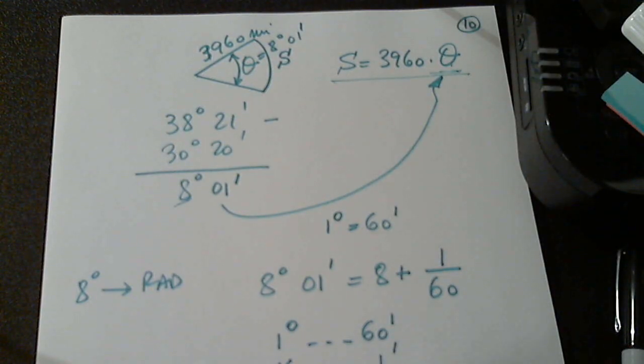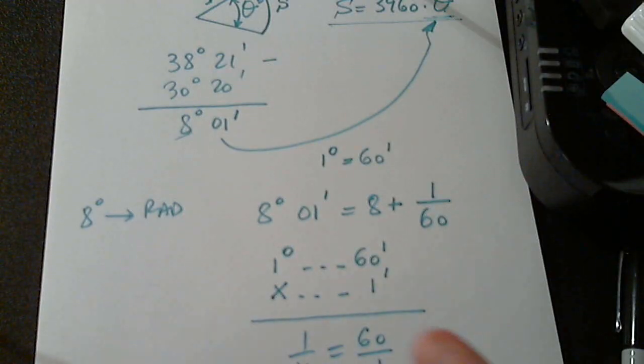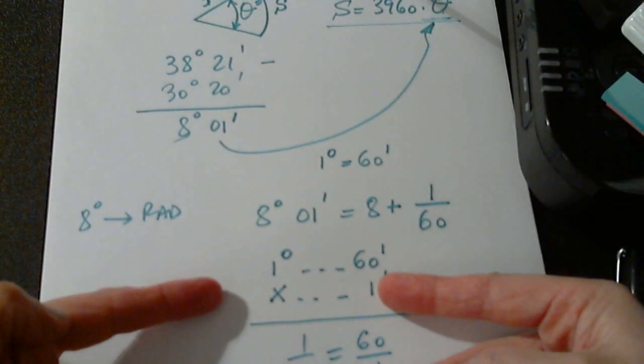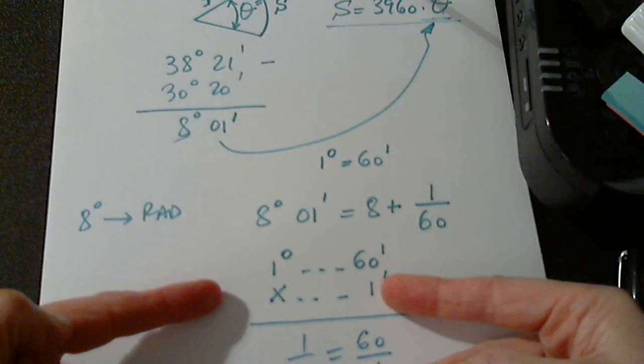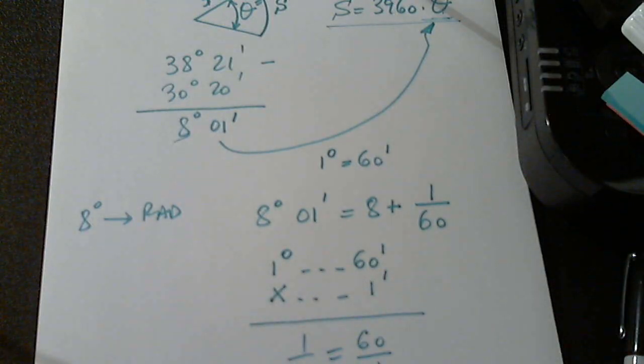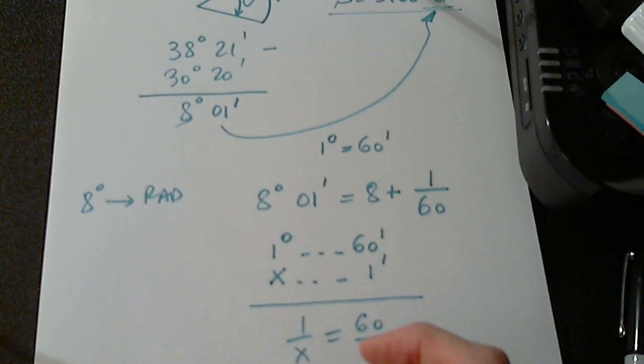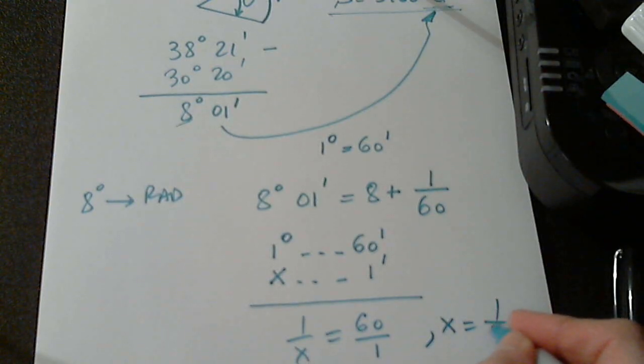This is a very nice proportion. 1 over x equals 60 over 1. And when we talked about proportions, remember I showed you that tiny trick. Can you cross multiply and divide? Of course. But this is so much easier. So x equals 1 over 60.